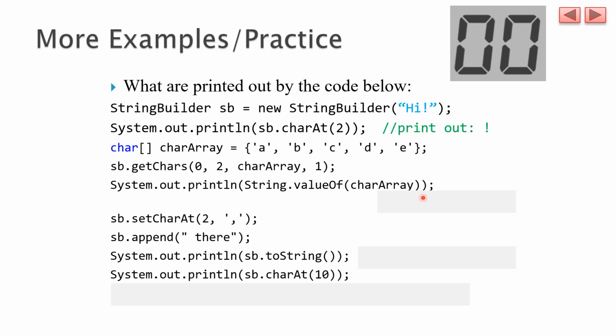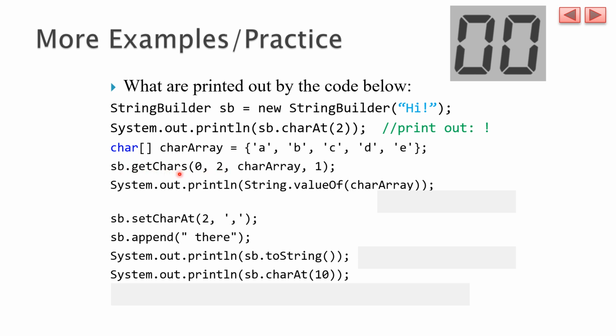For the next one, it's supposed to print out the value of charArray after the call to getChars, passing arguments 0, 2, charArray, 1. Recall that the second argument of method getChars is the index one past the characters to be copied.